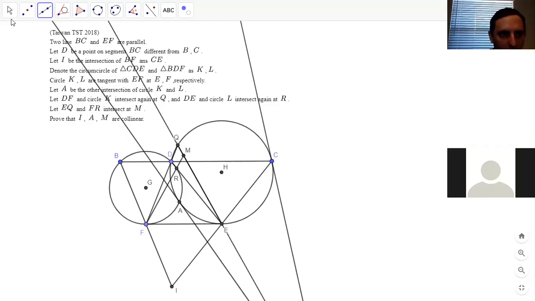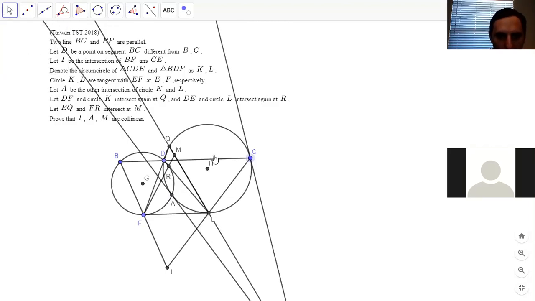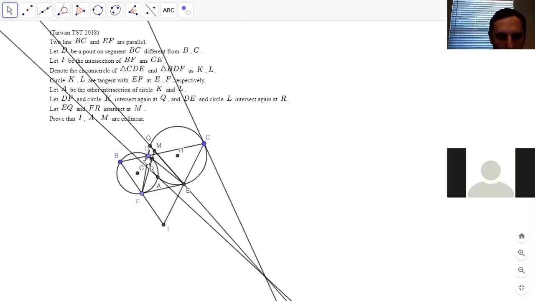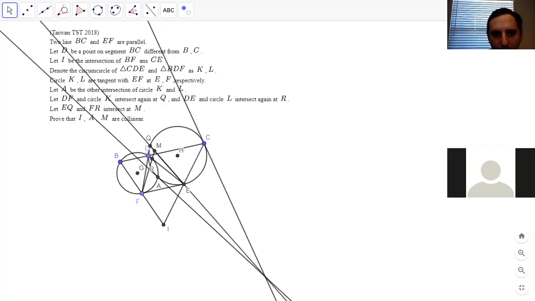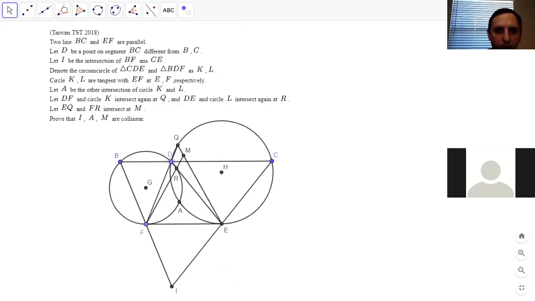I'm gonna have to move the diagram a little bit to check that. Yeah, so it looks like it's harmonic. Yeah. Is that obvious? Let's see.